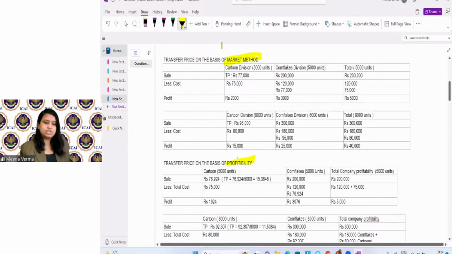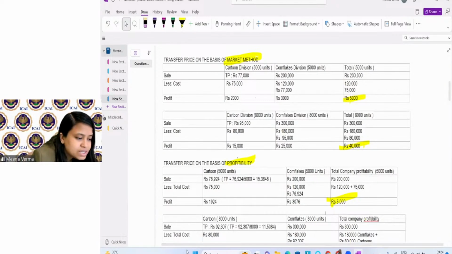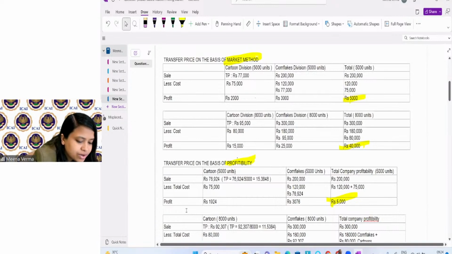Profit was distributed on the basis of the cost. These were the two methods we had. Now the point is that irrespective of what method you follow, the total profitability of the company will remain the same. You can see the total profitability of the company is coming the same, right? It is not coming different.